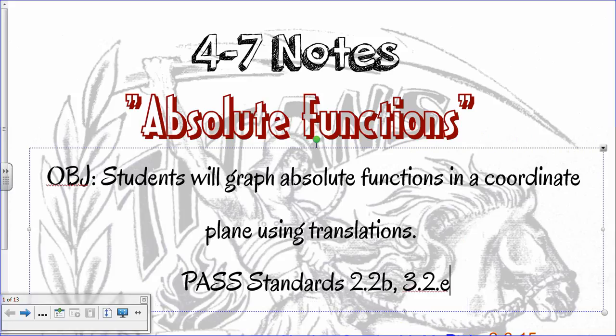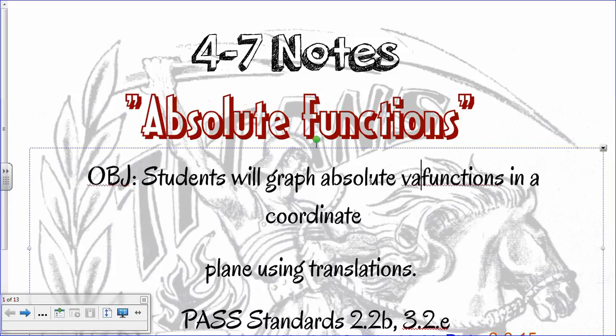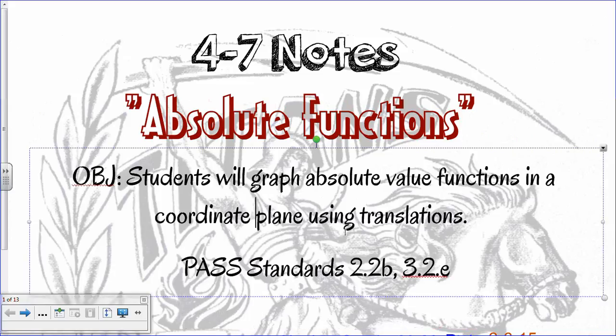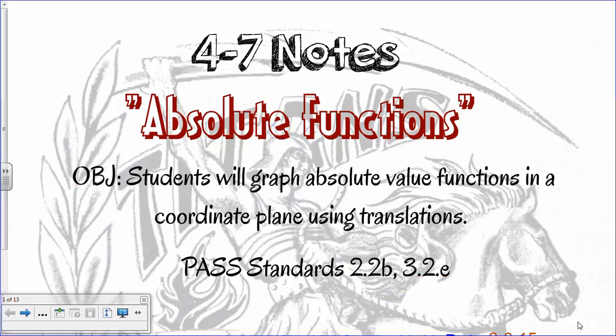My bad. Okay, students will graph absolute value functions in a coordinate plane using translations. Everybody got it?